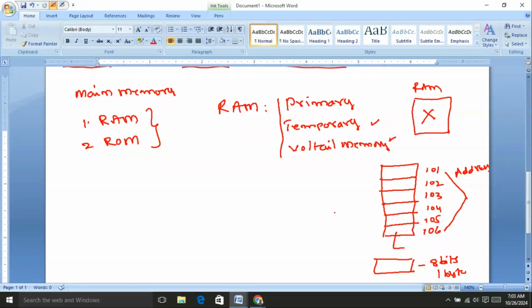Why do we call it RAM? To access any location, whether it is the first location, the middle location or the last location, the processor takes a uniform interval of time t.